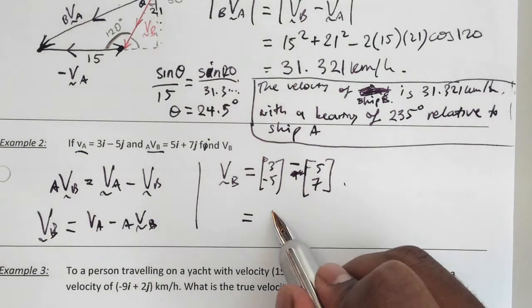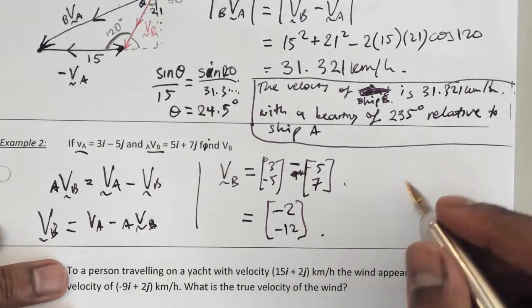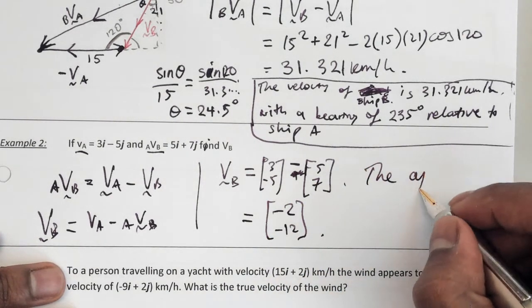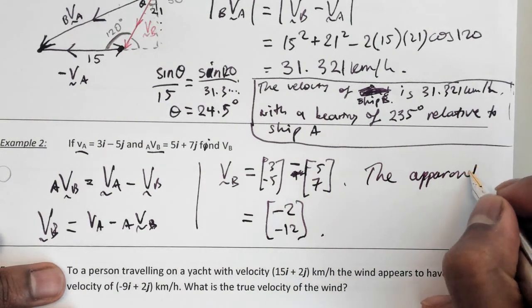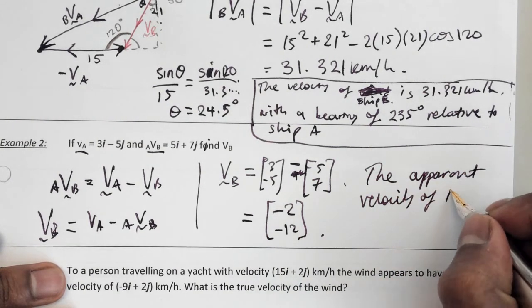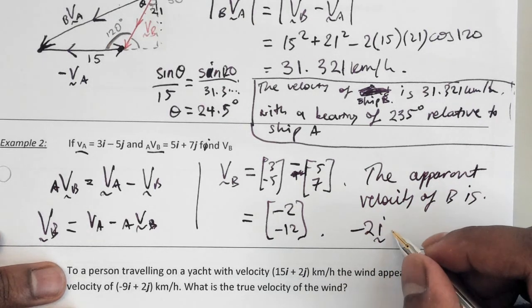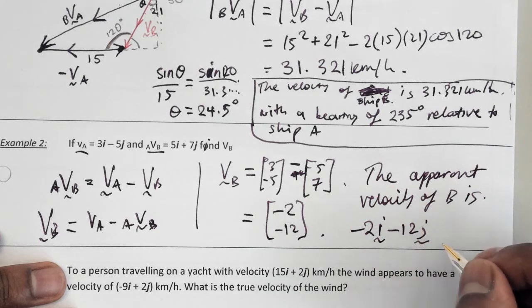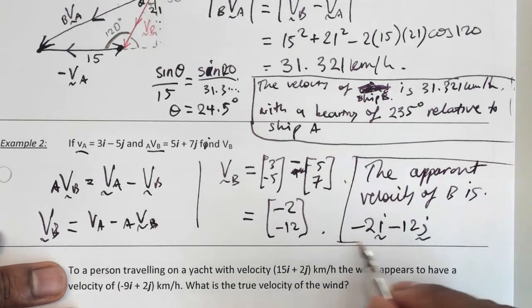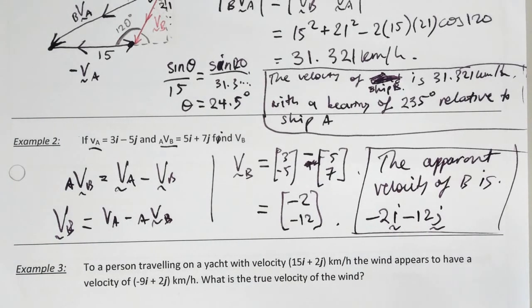And we have -2 to 12. So the apparent velocity of B is -2i minus 12j. Questions on example 2, pretty straightforward, I think.